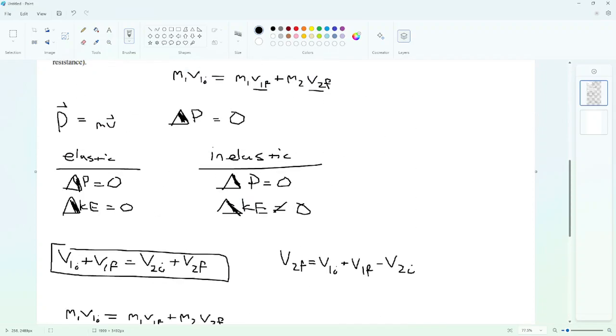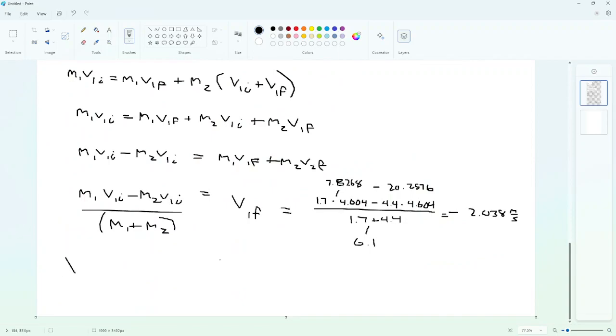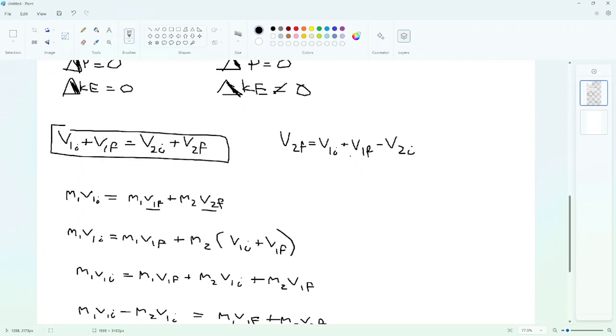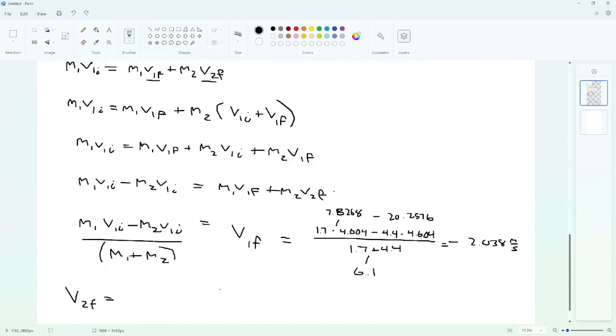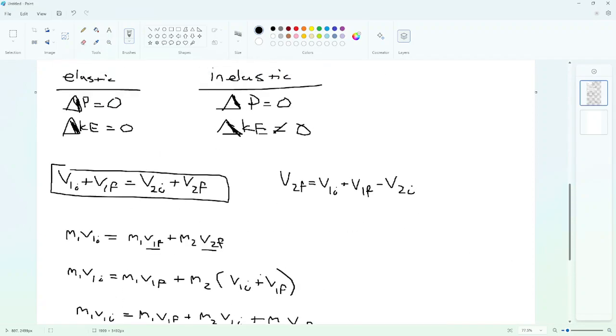Okay, so let's determine velocity 2 final, which is equal to, up here, velocity 1 initial plus velocity 1 final. Velocity 1 initial is 4.604 minus 2.038 plus, is that plus or is that minus?